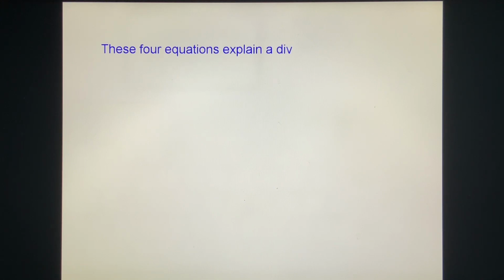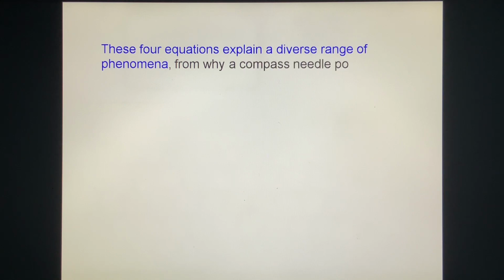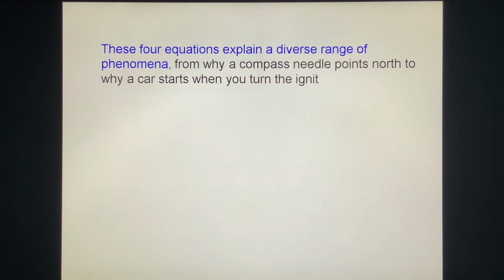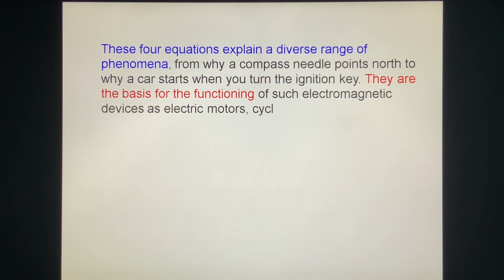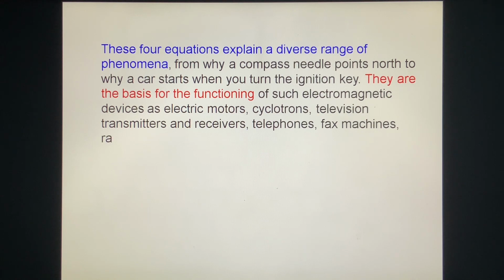These four equations explain a diverse range of phenomena, from why a compass needle points north to why a car starts when you turn the ignition key. They are the basis for the functioning of such electromagnetic devices as electric motors, cyclotrons, television transmitters and receivers, telephones, fax machines, radars, and microwave ovens.